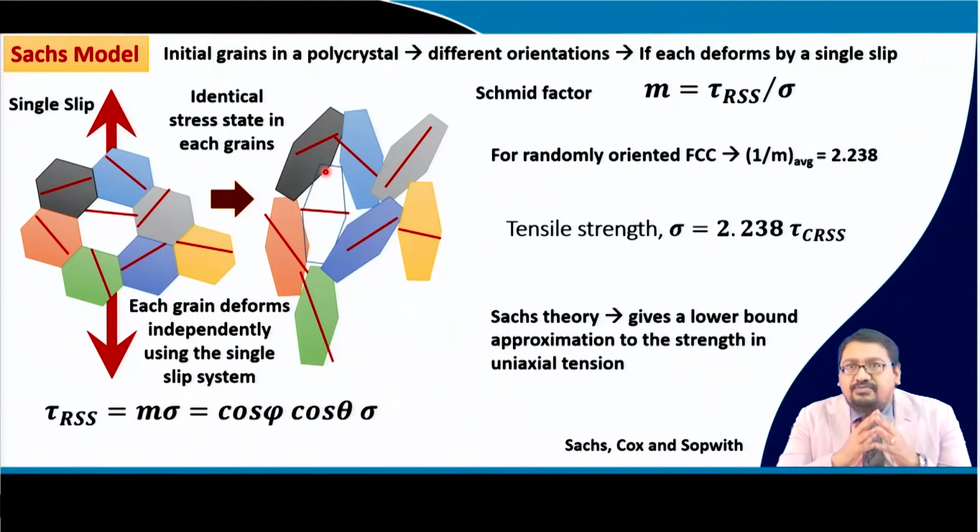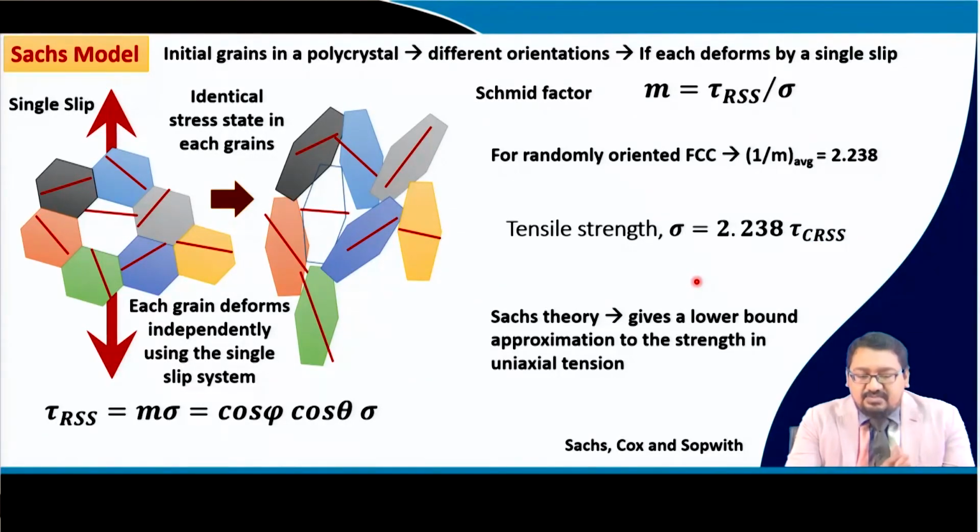So, if you want to calculate the tensile strength, then the tensile strength is related to the Schmid factor m and tau CRSS, that is the critical resolved shear stress when the minimum amount of plastic deformation just started. So, the tensile strength sigma becomes equal to 2.238 times tau CRSS, and this is for the randomly oriented face centered cubic material.